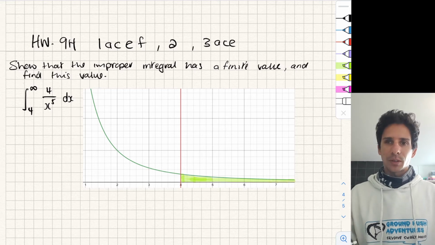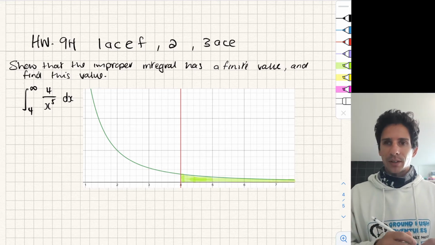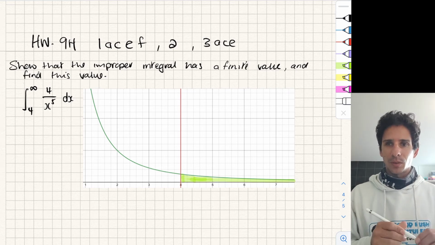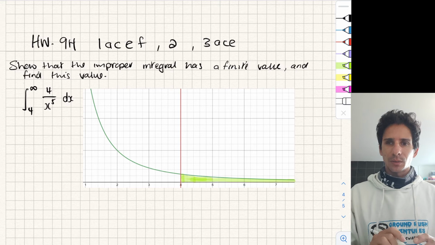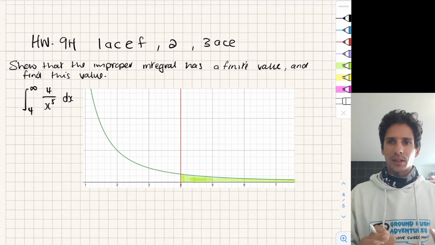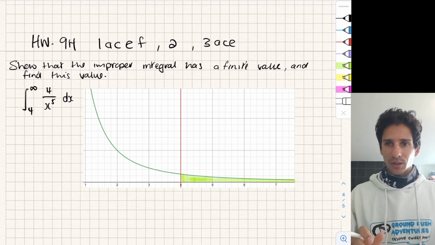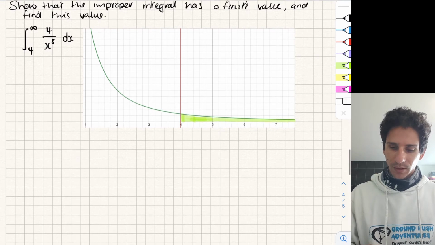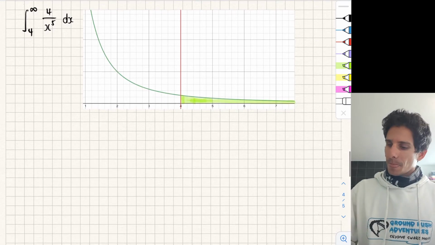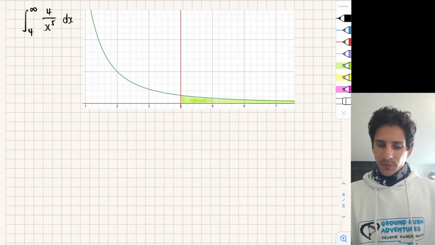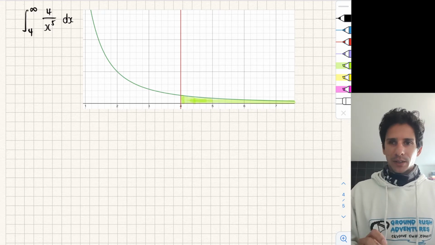So the first thing we're going to do is replace that infinite number, because we can't evaluate something with infinity. So we're going to put a placeholder there so we can assess the limit as we approach infinity. So let's rewrite our integral.